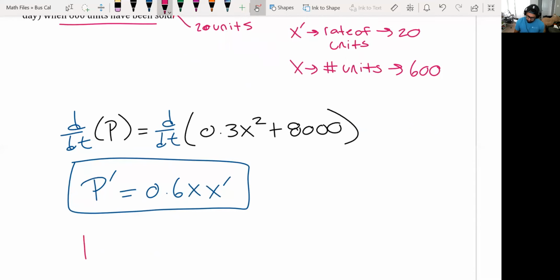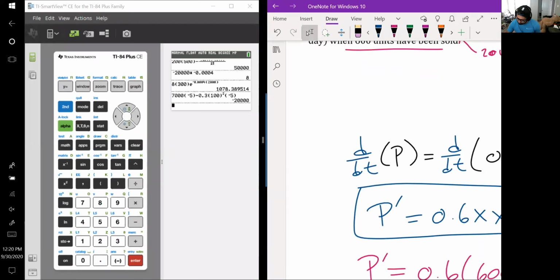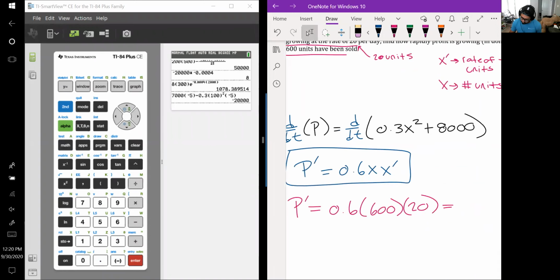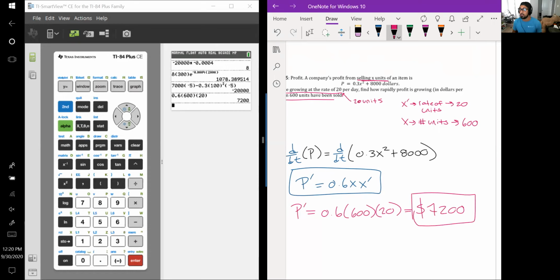So we'll say P prime is equal to 0.6 times 600 times 20. Calculator. 0.6 times 600 times 20, and we get 7,200.